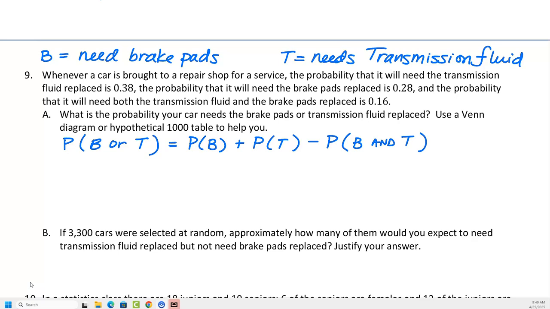So let's just go ahead. It says here, the probability that it will need transmission fluid is 0.38. Well, this is the transmission fluid right here, isn't it? So this is 0.38.